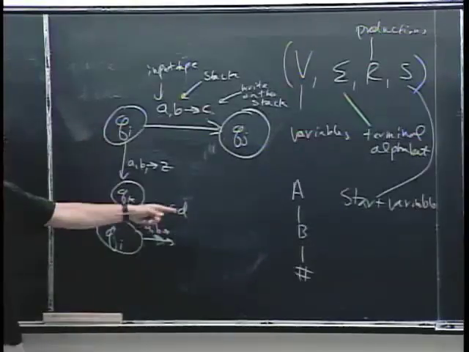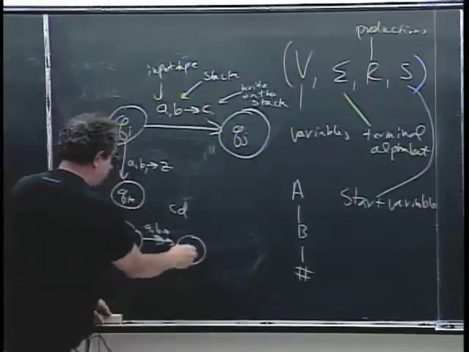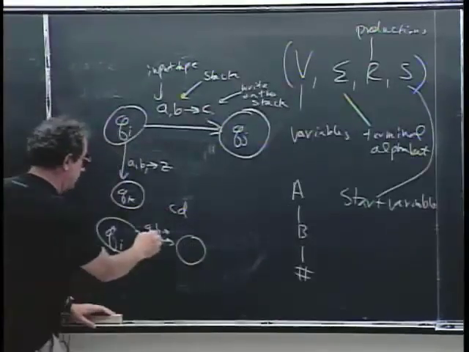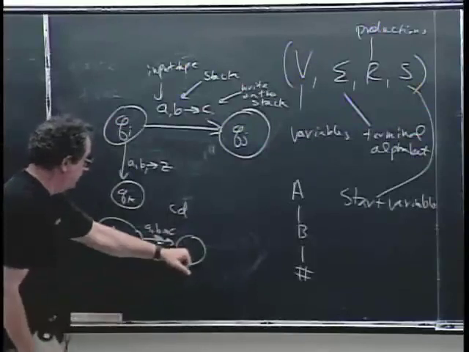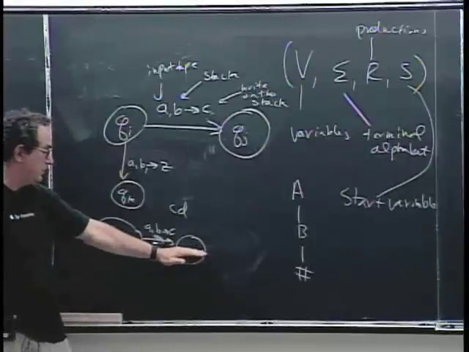Take the B off and write CD. Okay, so then we could go into a state. Sorry, this goes A, B to C. We go into a state, and what should we do in this state?